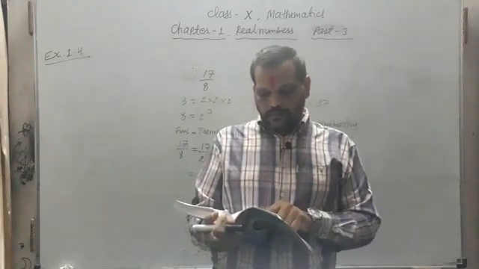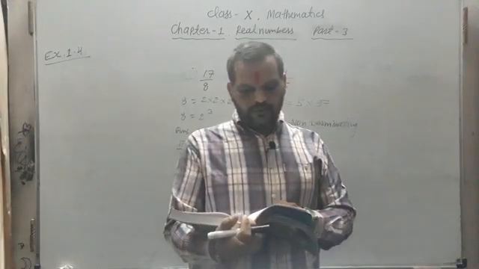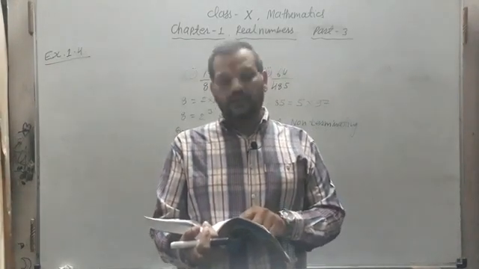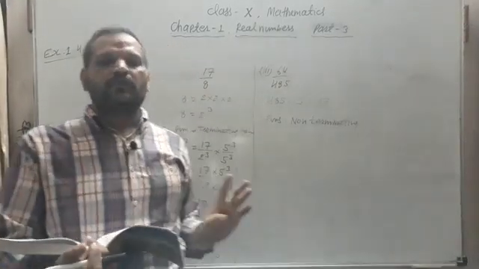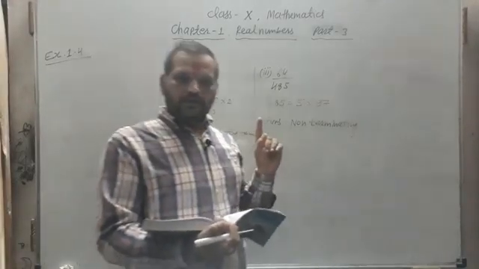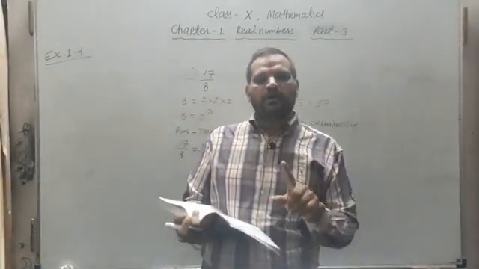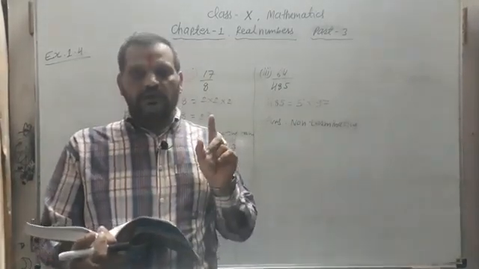And the third part, 43.123456789 bar, is non-terminating repeating form. Bar means repeating form, and non-terminating repeating form is always rational. Therefore, the third part is rational.